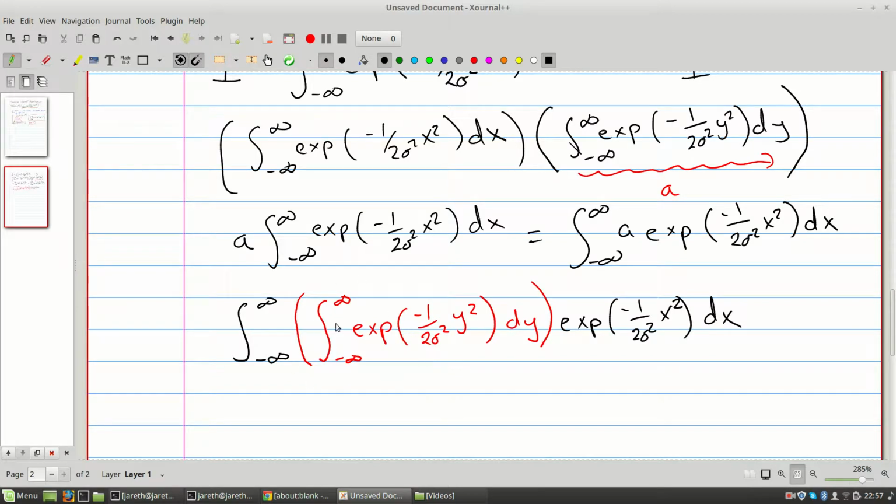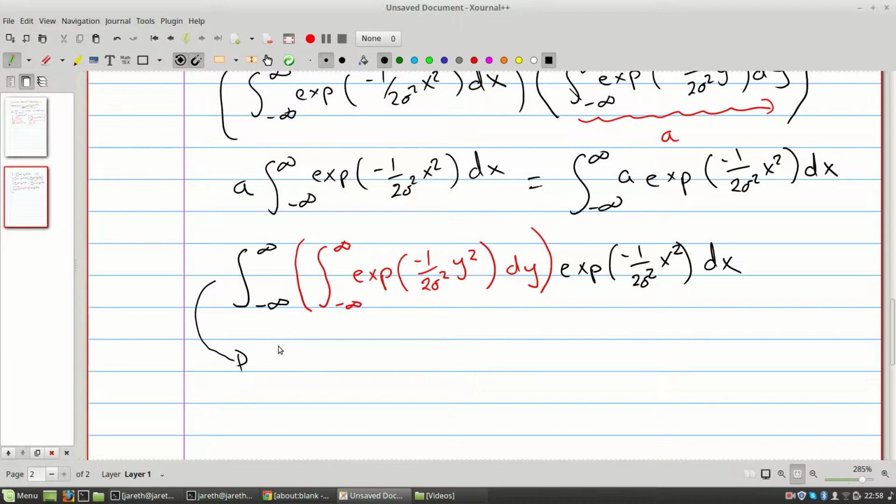So if we reorganize everything here, we'll end up with a double integral from minus infinity to infinity of the exponential of minus 1 over 2 sigma squared x squared dx.